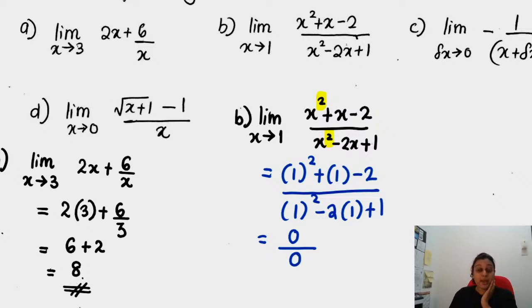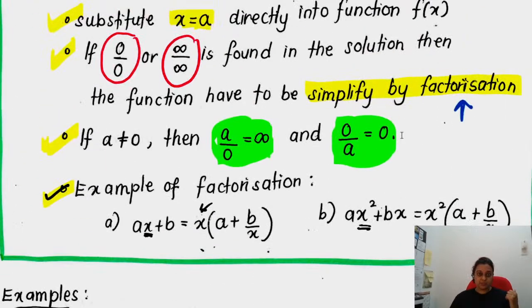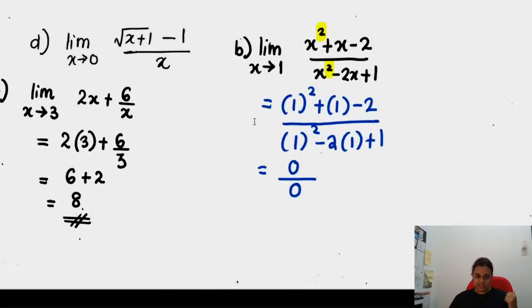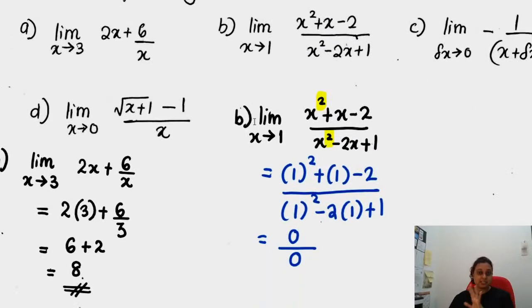What happens when you get the answer 0 over 0? What should we apply? By now, if you follow the rule, if you get 0 over 0, what you must do? Factorization. So let's do the factorization. That means this answer is not acceptable. You have to go for the factorization method.